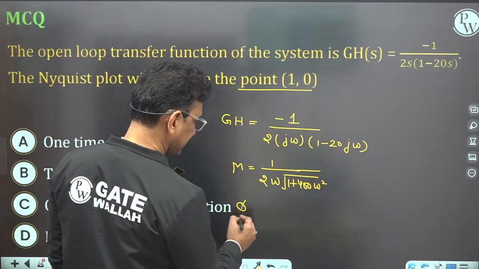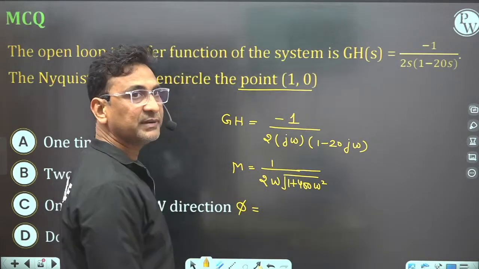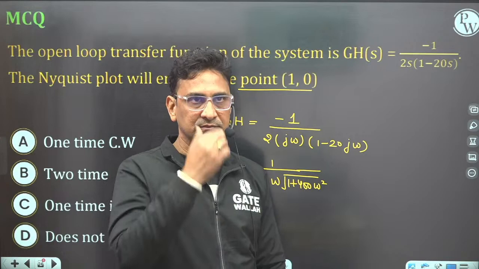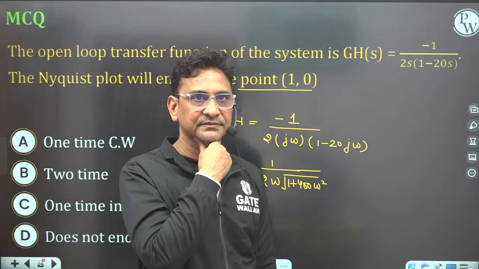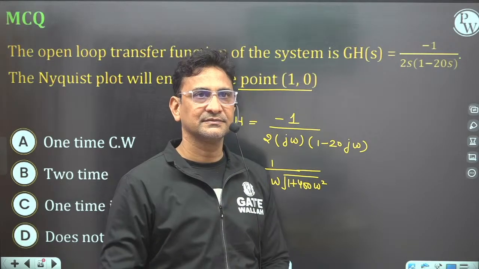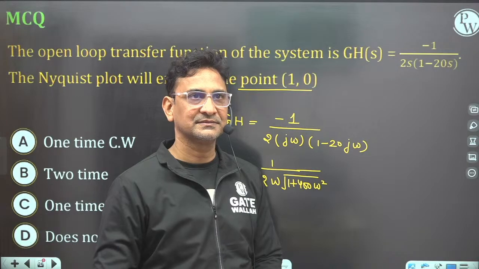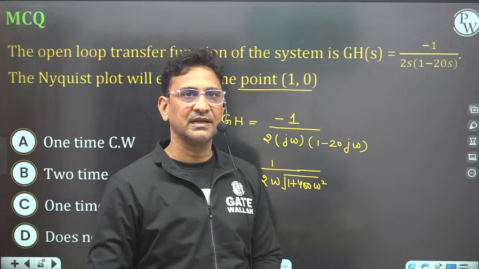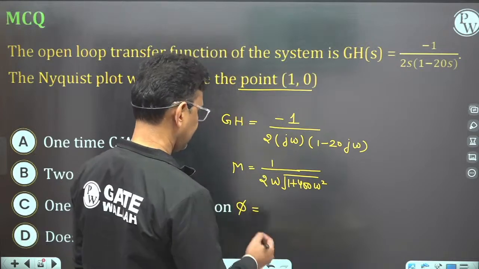And what is the phase angle? Phase angle of -1. What is the phase angle of -1? It is 0 degree or 180 degree? 180 degree, great.